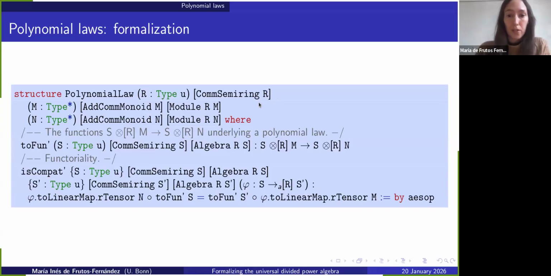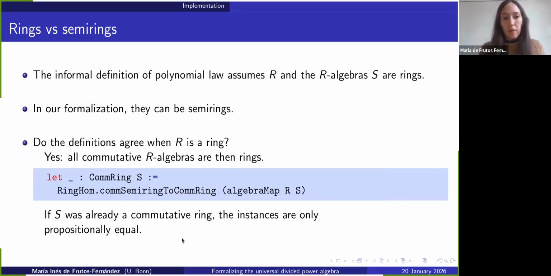So maybe there is not a subtraction in R. And then similarly, we allow all of the R algebras S and S prime that appear in these two fields to be commutative semirings. Now, of course, this raises the question of if we start with a commutative ring R, is it true that the two definitions agree? And the answer is yes, because in this case, all commutative R algebras are going to be rings again.